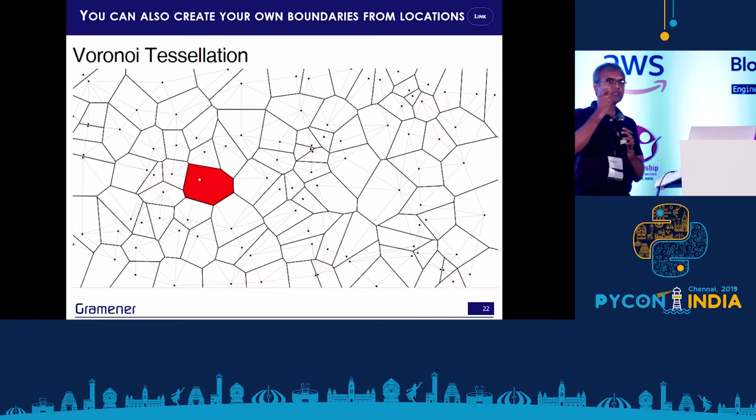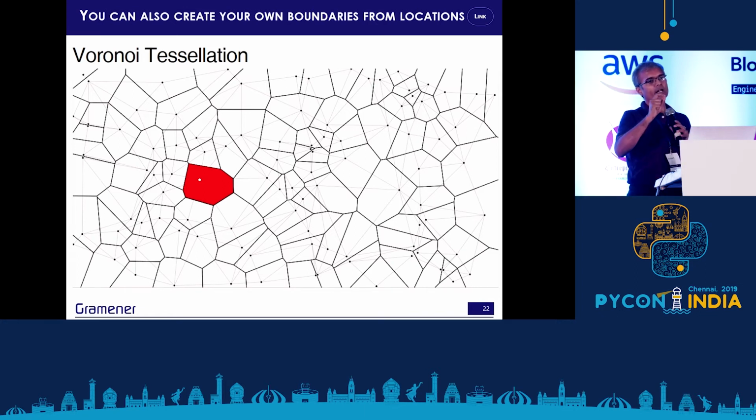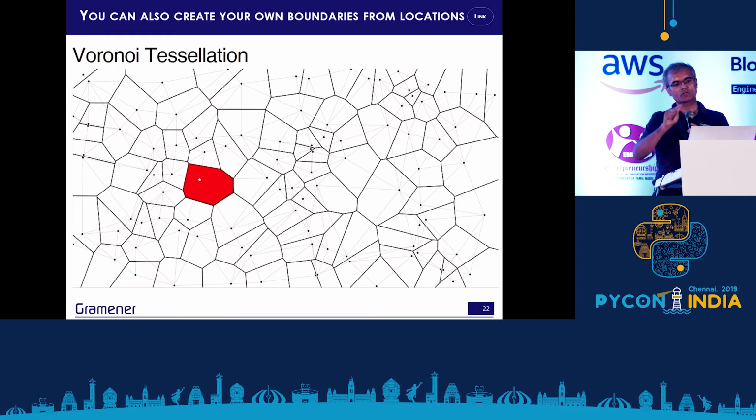If you have a single location, you can look at the area that is closest to this particular location than any other location. So, for example, if this were a network of, let's say, schools, then what is that region that is closest to a particular school than any other school? So if I take this particular point as a school, then this red region represents all of those points which are closer to this school than any other school.